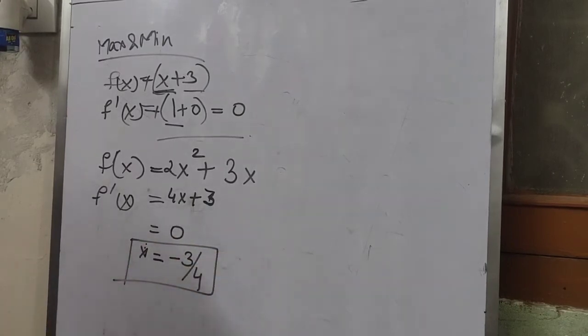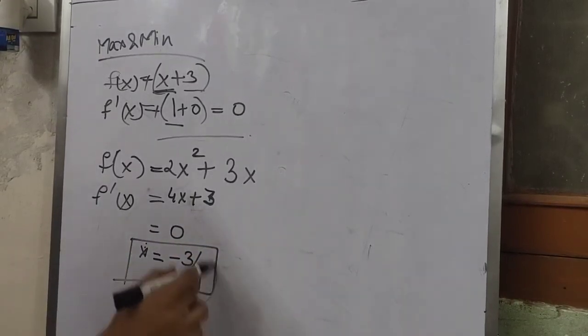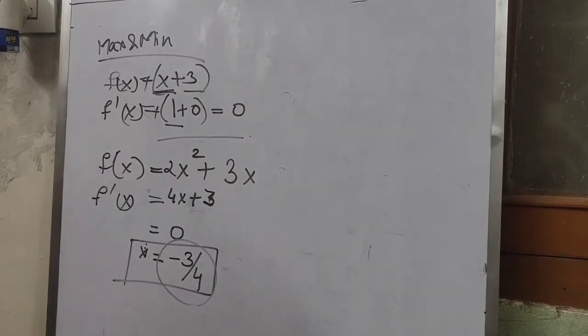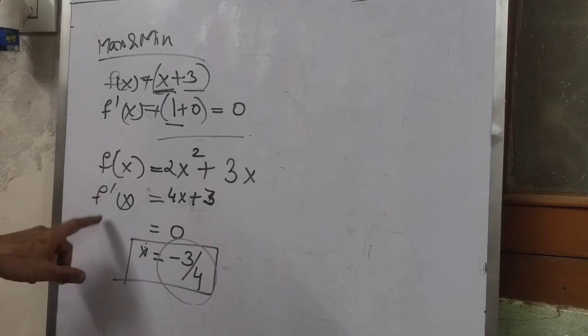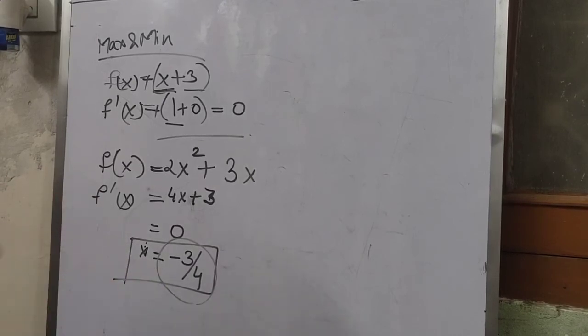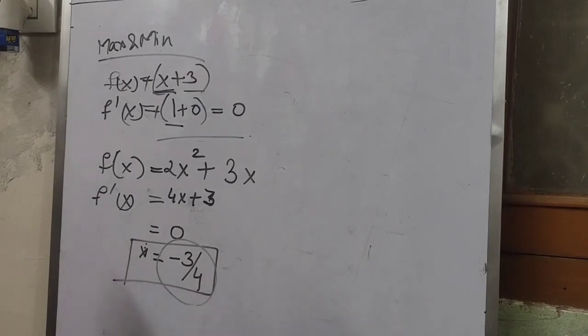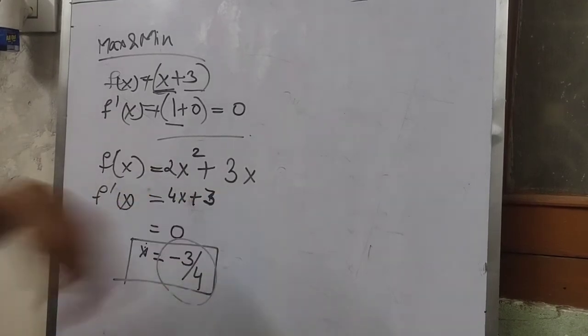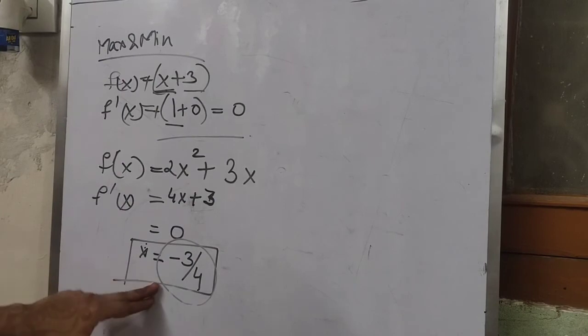Now I see that my x value is negative. After differentiating, I have received this x value. It is not the answer, it is the x value that I am receiving. Earlier my function was positive, but my value is now negative.